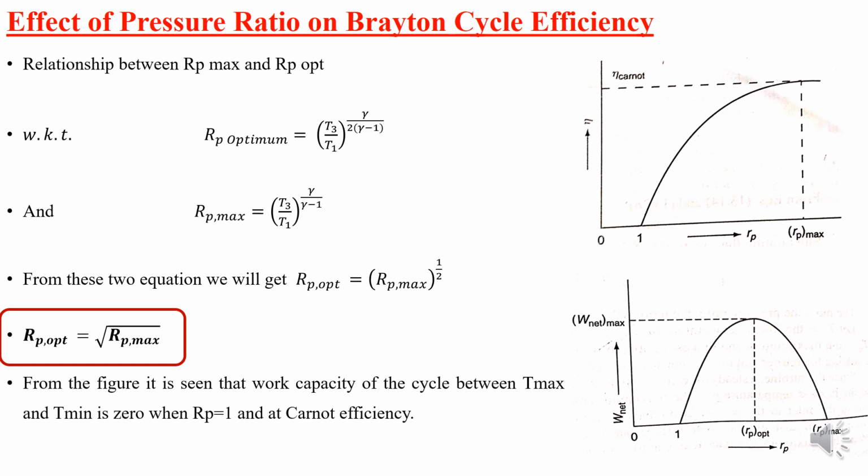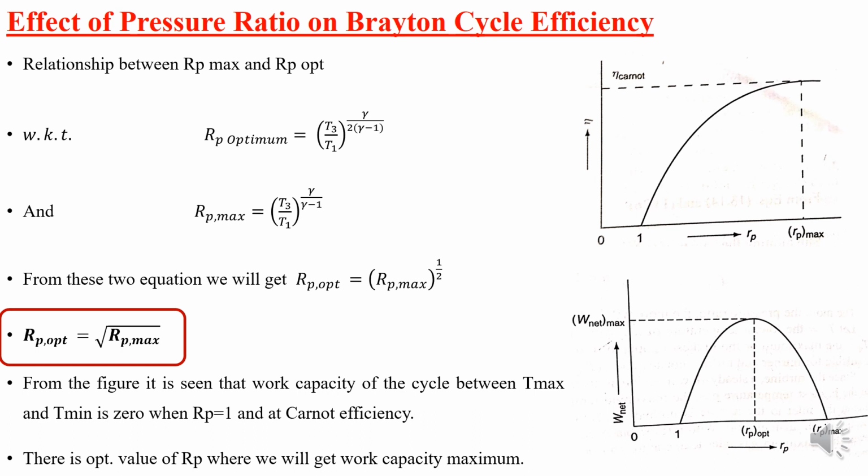Okay, so we will finish here for today's class. The Brayton cycle is over for today. Next class we will move forward with how to improve the efficiency of the Brayton cycle. There are three methods and combinations of methods.